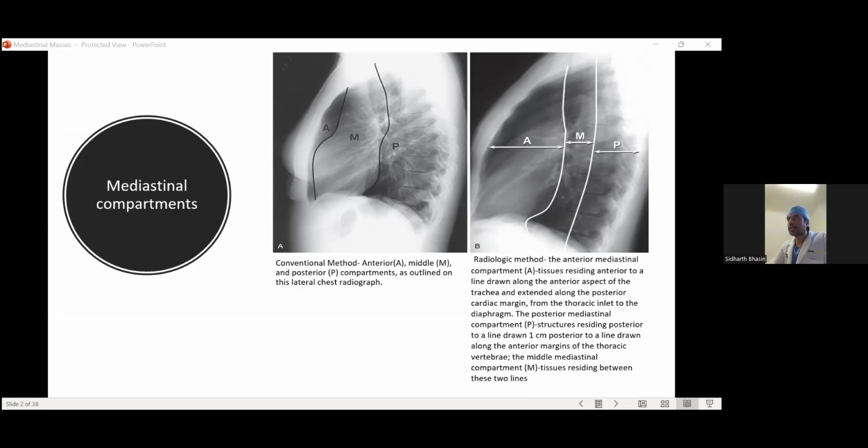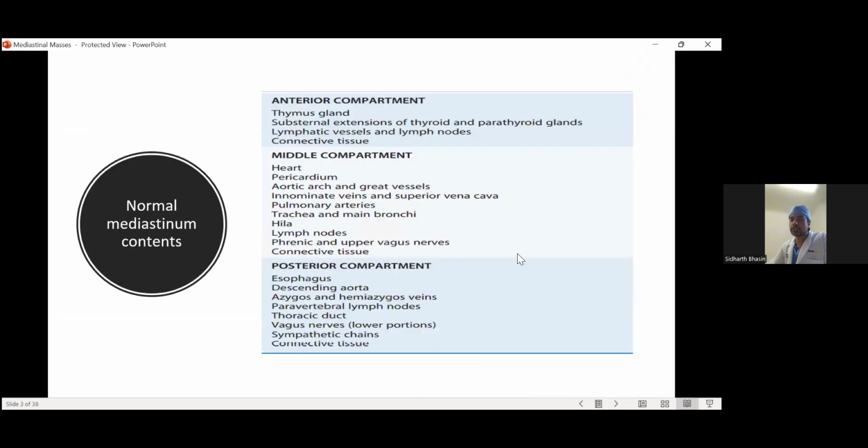Moving on to the other slide. There are some normal mediastinal structures which are present in the anterior, middle, and posterior compartments, of course. So we should know them before we know the abnormal pathology. The anterior compartment has the T's: the thymus gland, the thyroid, the parathyroid, lymphatic tissue, lymph nodes, and connective tissue.